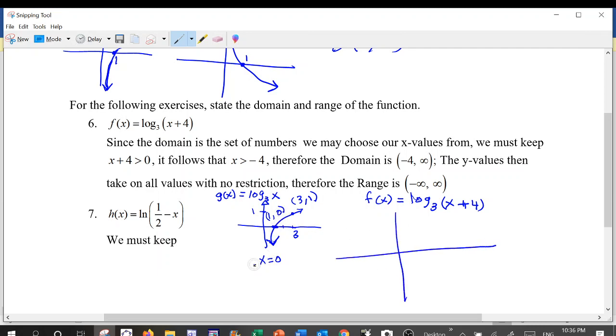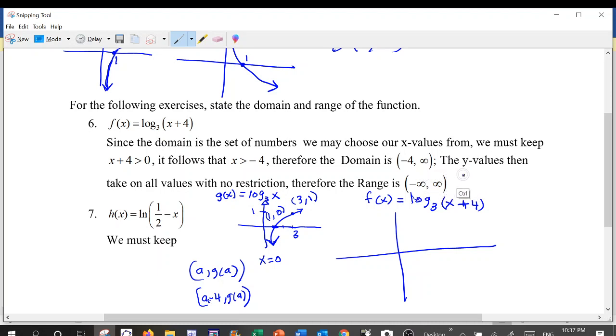Now we can graph this. First of all, where does the vertical asymptote go with this transformation? Remember, a point on this graph will be transformed so that x becomes x minus 4, and the y doesn't change because there is no change in the y here, right? Just x.